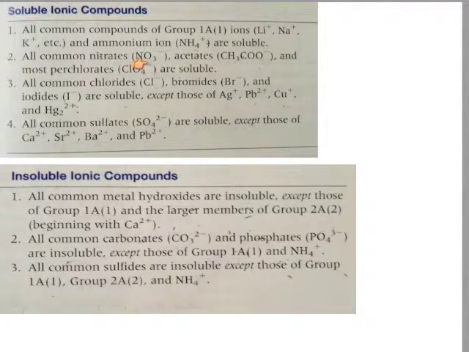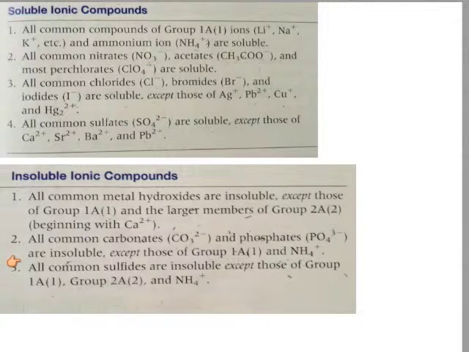All common nitrates, acetates, perchlorates are also soluble. All common chlorides, bromides, and iodides are soluble except silver, lead, copper, and mercury. All common sulfates are soluble except for those of calcium, strontium, barium, and lead. So this is a general guide to decide which of the compounds are generally soluble.